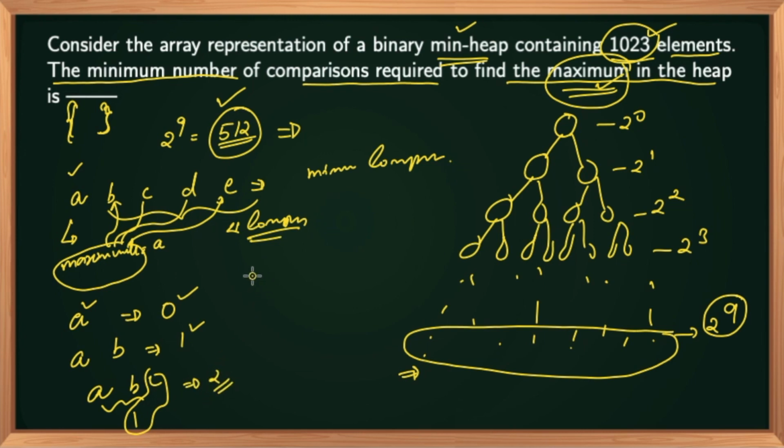So what I'm saying is, if you have 100 elements, then to find the maximum you have to do 99 comparisons. So here you have 512 elements. So to get the maximum you have to do 511 comparisons. Okay, so the answer should be 511.